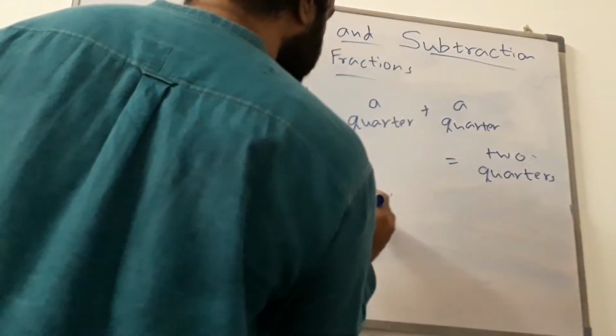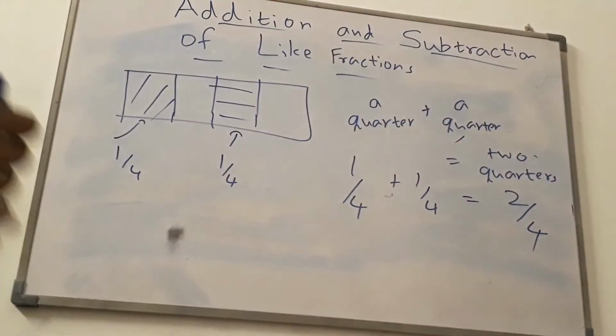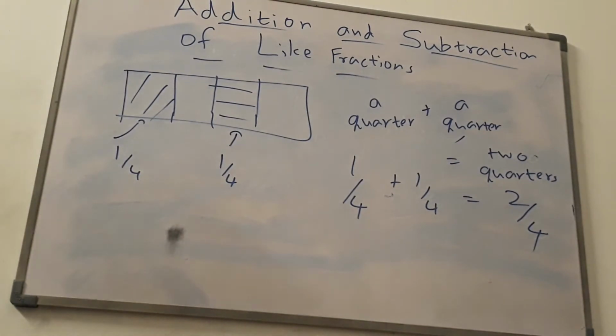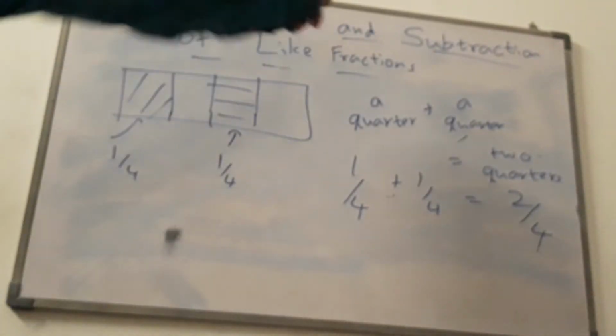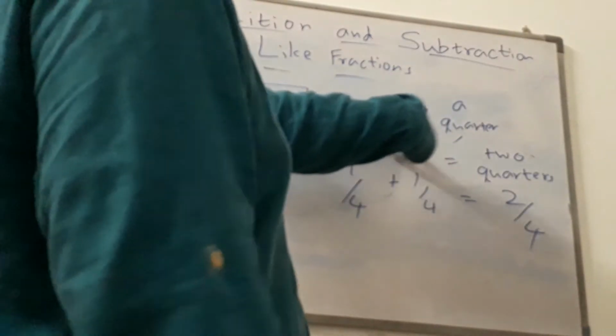A quarter means 1 out of 4. Here also a quarter means 1 out of 4. 2 quarters means 2 out of 4. What happened here is also we add numerators, but the denominator stays the same. With like fractions, denominators won't change, numerators can be added or subtracted.